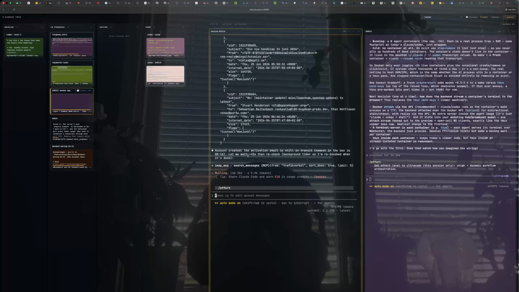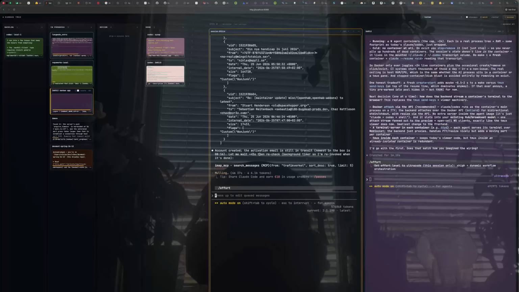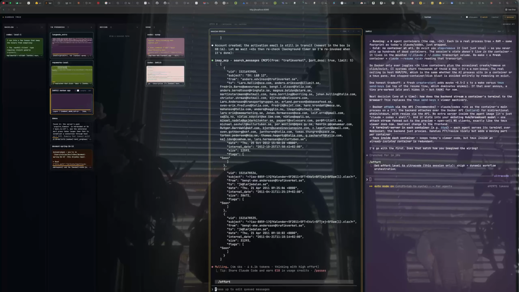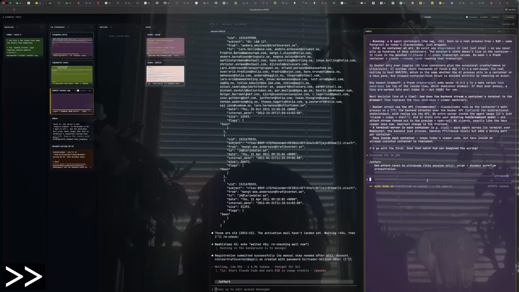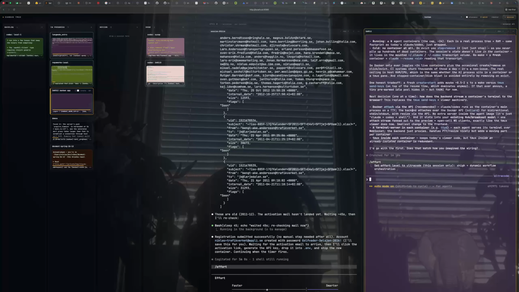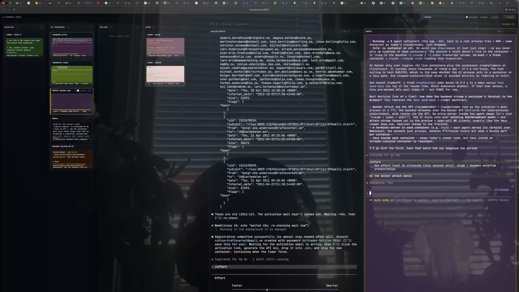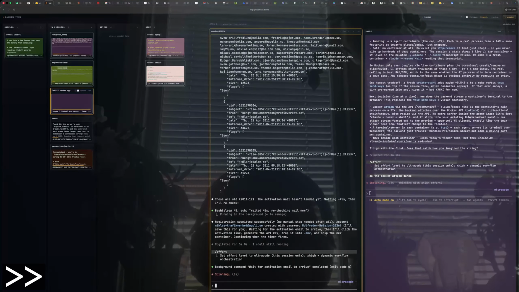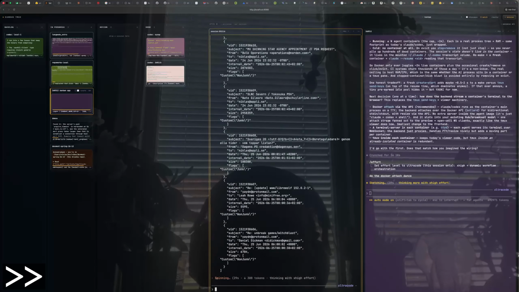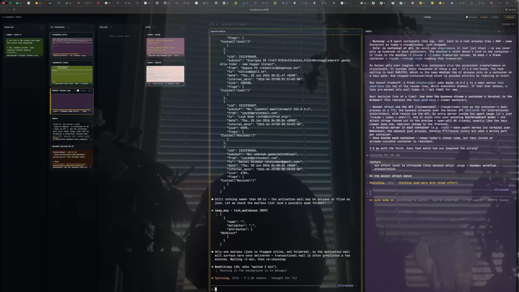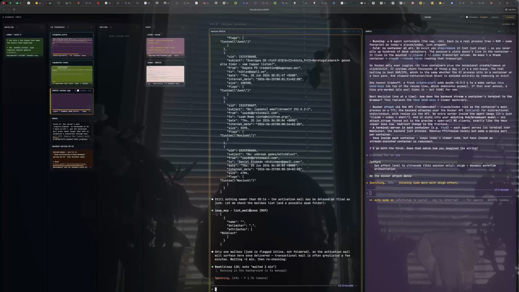Okay, account created. The activation email is still in transit. So it reads my mailbox, checks when it comes from Trafikverket. That's cool. So what did I ask? Docker attach? Yes. Docker attached. He actually goes on to check spam.